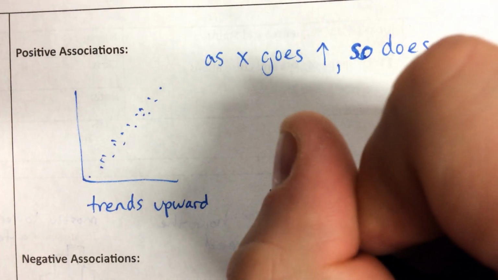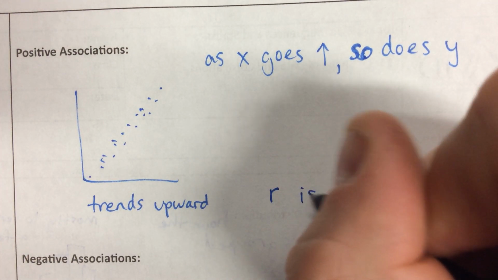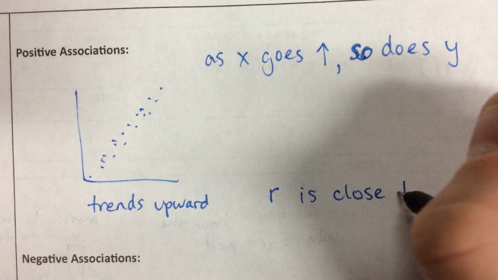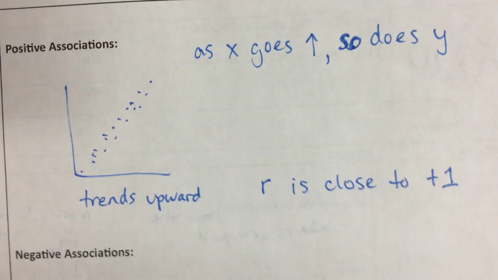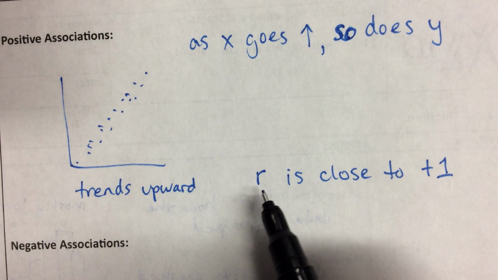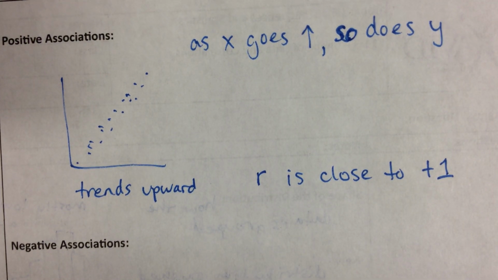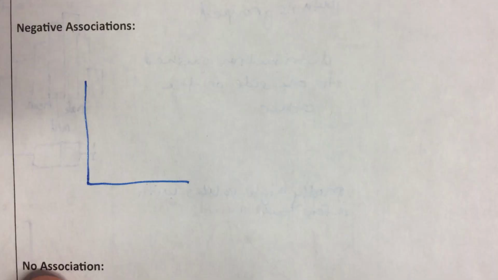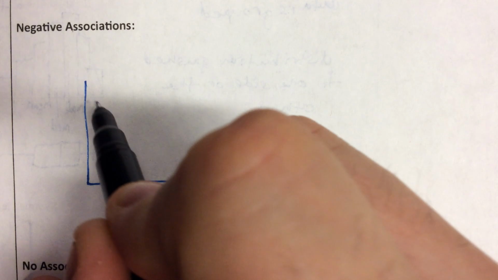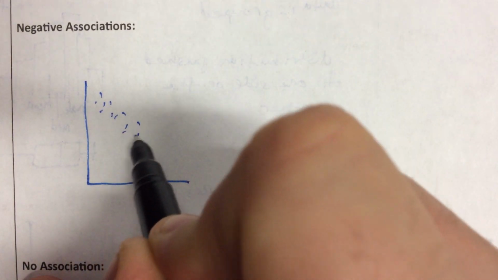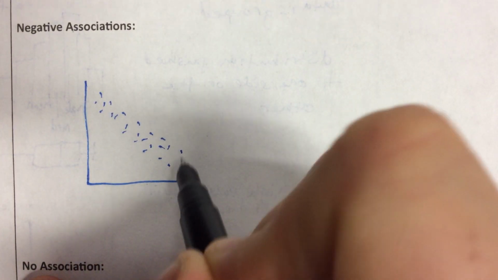The R value is close to positive 1. Remember, R is your correlation coefficient. Next one, our negative association. If we have our scatter plot, it's generally going to be going in a downward direction.